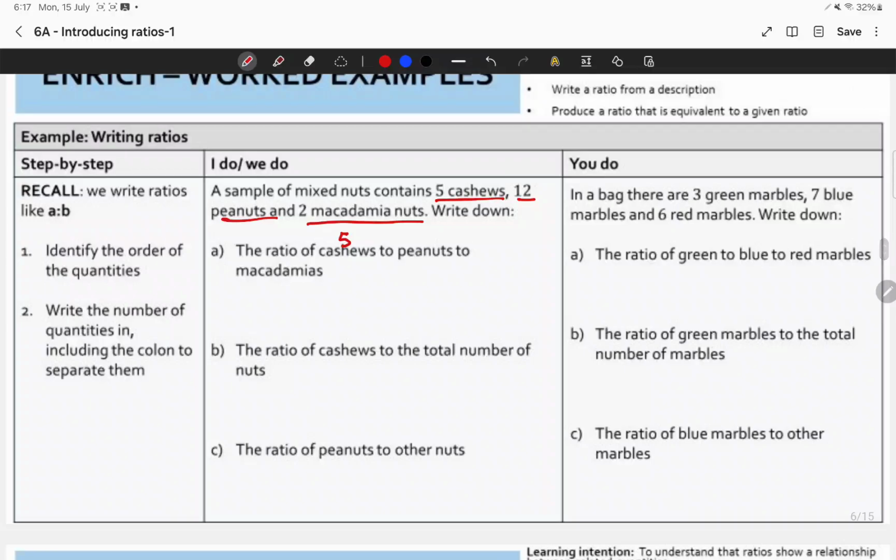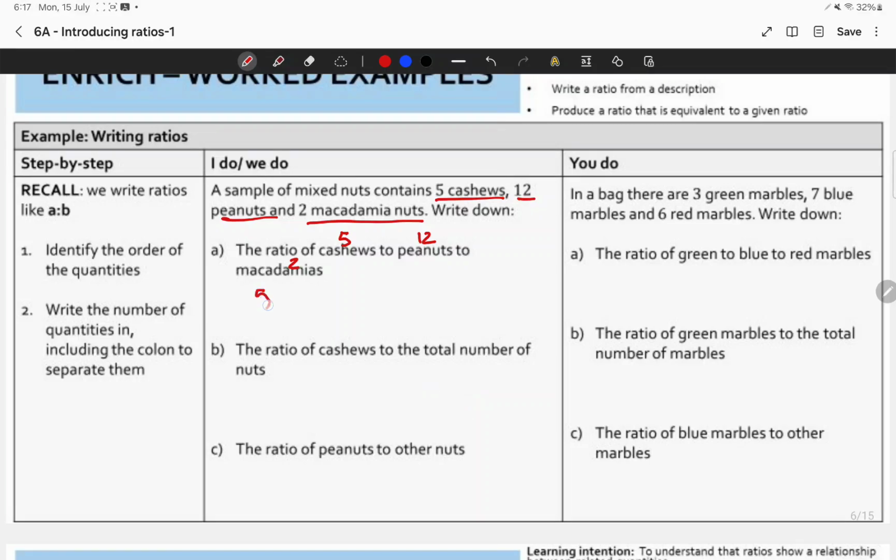And then peanuts are here. How many are there? There are 12. And then macadamias, how many are there? There are 2. So notice there are now 3 quantities. It's going to be 5 to 12 to 2.